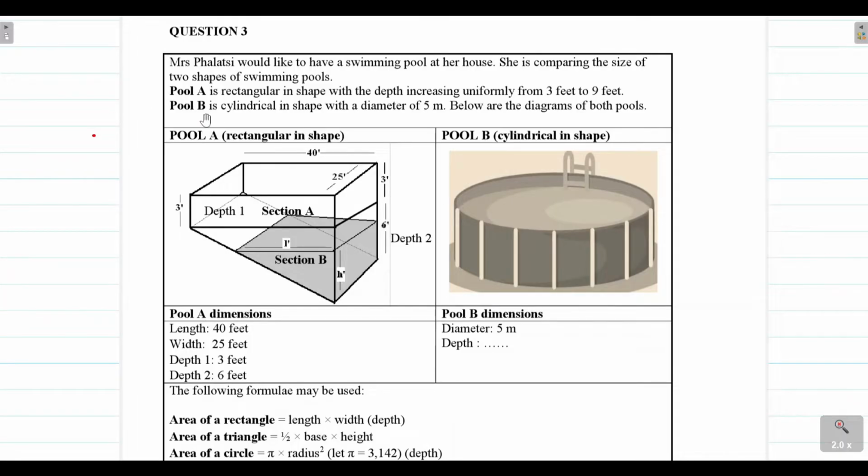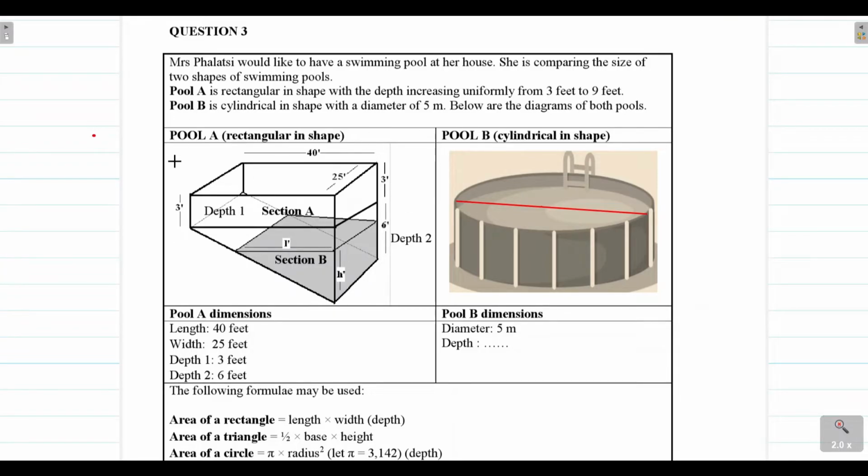Pool B is cylindrical in shape with a diameter of 5 meters. If we assume that that is our center, then our diameter from the circumference going through the center to the circumference is equal to 5 meters. Below are the diagrams of both pools.